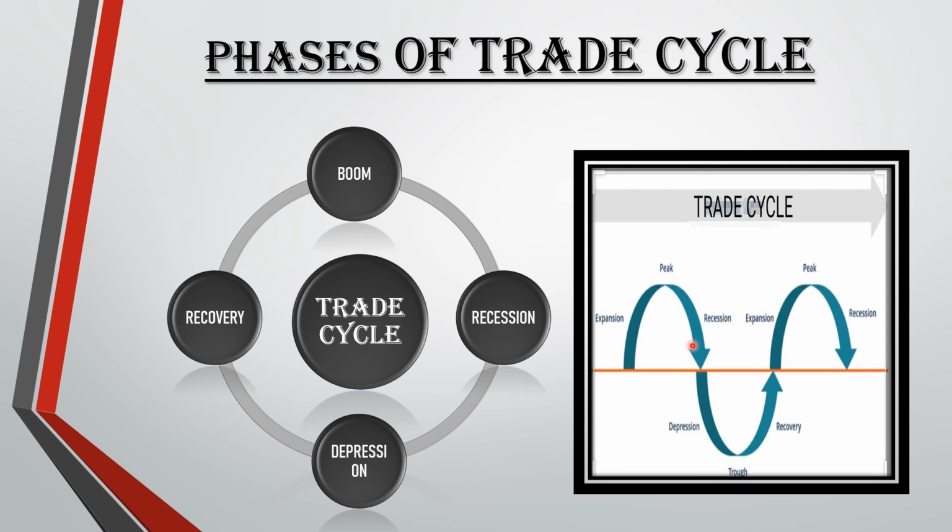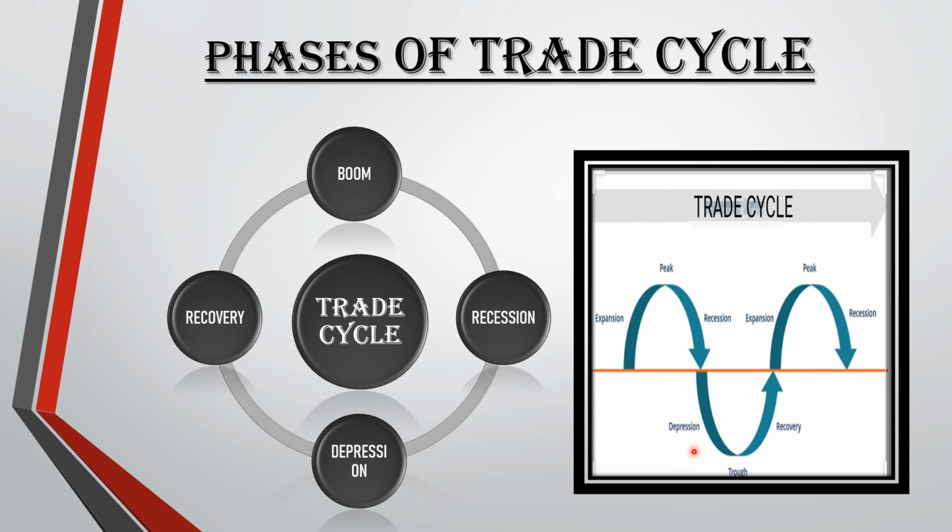The next point in the trade cycle is depression. After facing a peak level in the business, it is slowing down, and now we have reached the point of depression. There is a commensurate rise in unemployment.